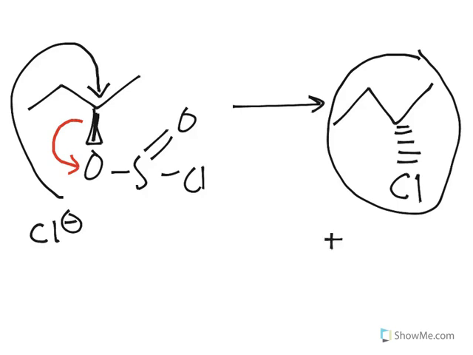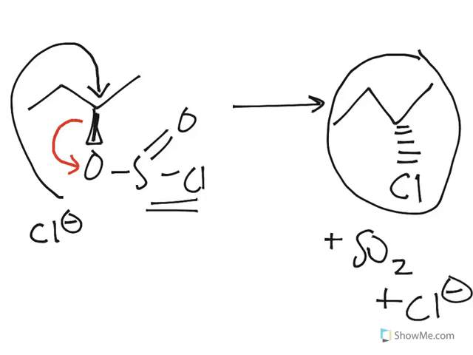And you form your byproduct here. Eventually there's going to be some rearrangement, and you're going to form SO2 plus chloride. That doesn't matter really. On a thermodynamic scale it does matter, because the formation of sulfur dioxide is what's actually driving this mechanism thermodynamically, from an entropy standpoint.